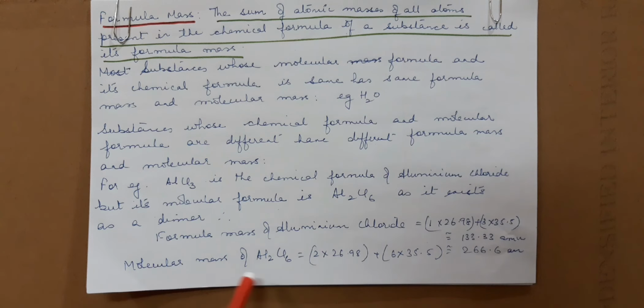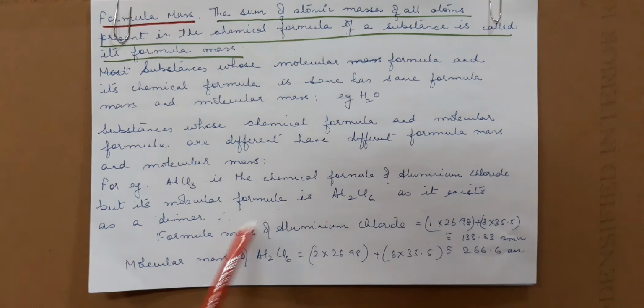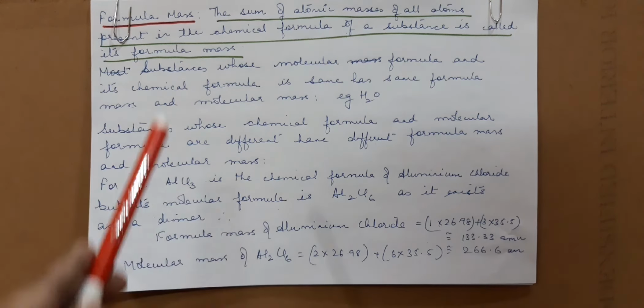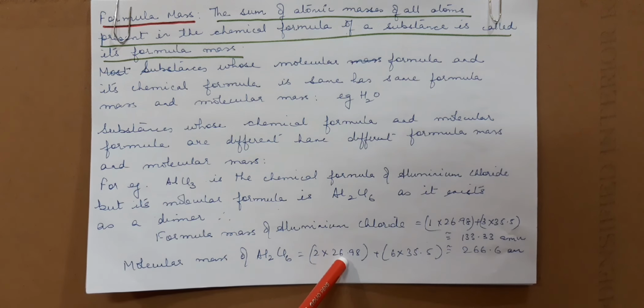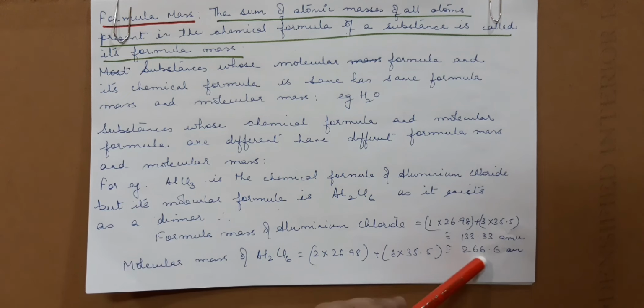And what will be the molecular mass of aluminium chloride in terms of Al2Cl6, because it is existing in the form of a dimer? That would be 2 into atomic mass of aluminium, that is 27, you can approximate it, or 26.98, and chlorine is 35.5, so 6 into 35.5, total will come to around 266.6 AMU.